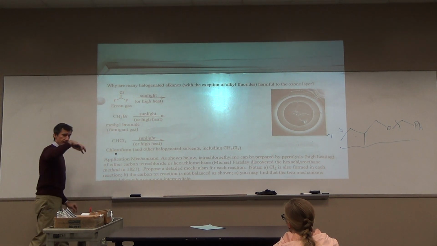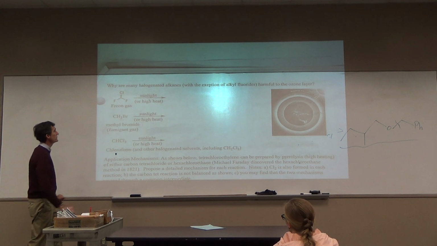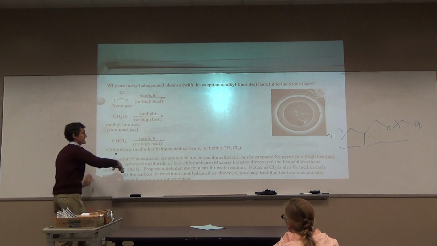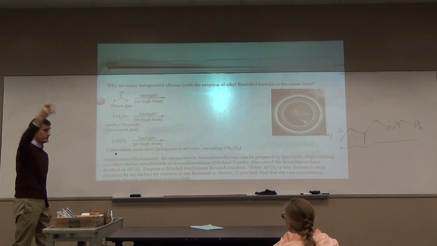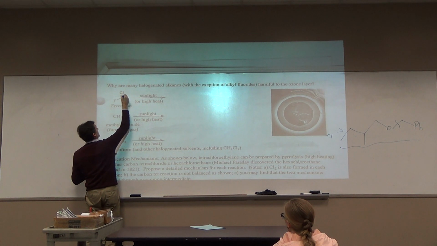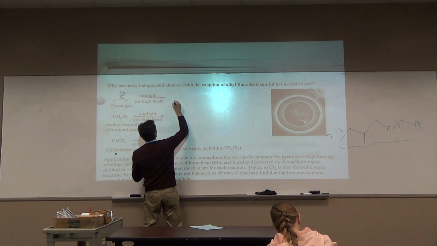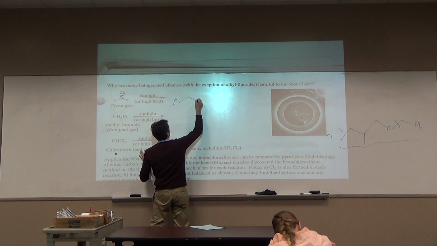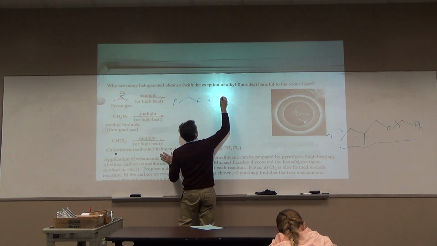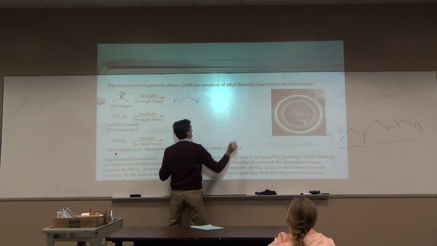Freon, which has been phased out because it causes damage to the ozone. With heat, sunlight up in the you-know-where, this can form radical, electron here, and we get, in this case, that radical plus Cl radical.